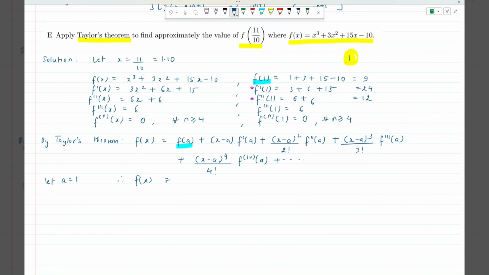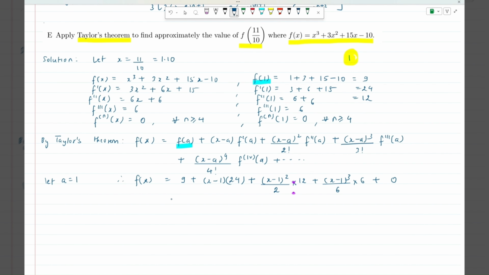So f of a is going to be 9 plus (x minus a, that is x minus 1) into f dash of a, which is 24, plus (x minus 1) whole square over factorial of 2, which is 2, into 12, plus (x minus 1) whole cube divided by factorial of 3, which is 6, into 6, and onwards this we have 0.